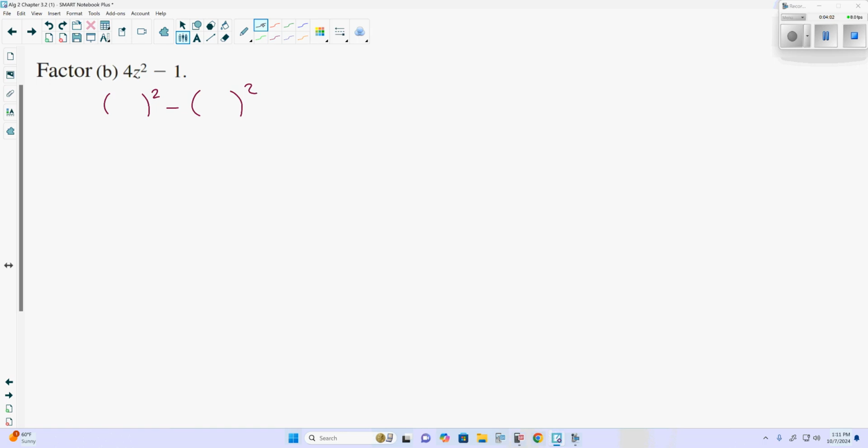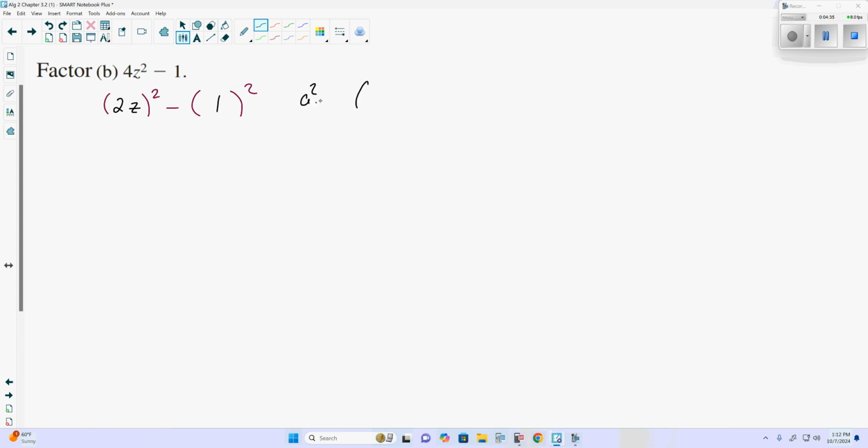So we do have a difference. We have two things being subtracted. 4z squared. What times itself is 4z squared? 2z. Because 2 times 2 gives us 4. Z times z gives us z squared. So 2z would be our a. Now what times itself is 1? 1. 1 times 1 is 1, so our b is 1.